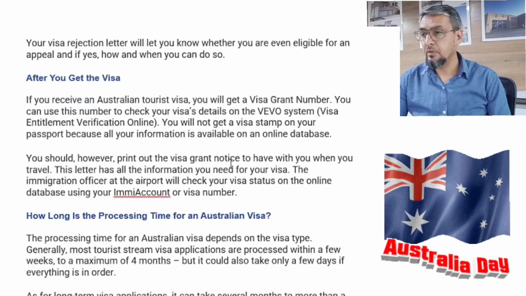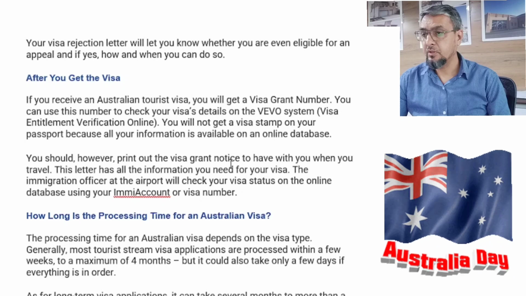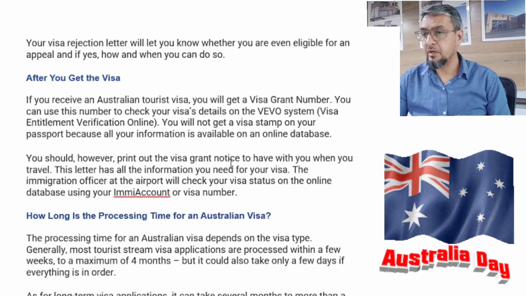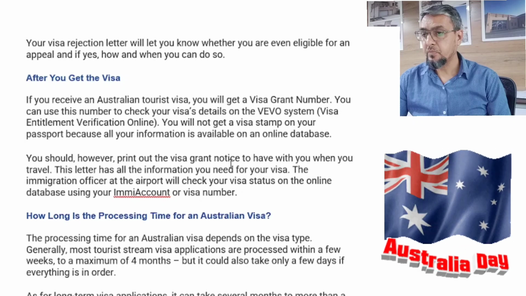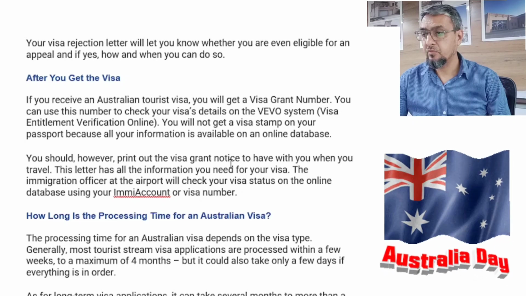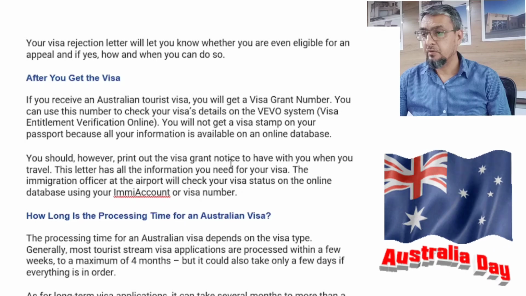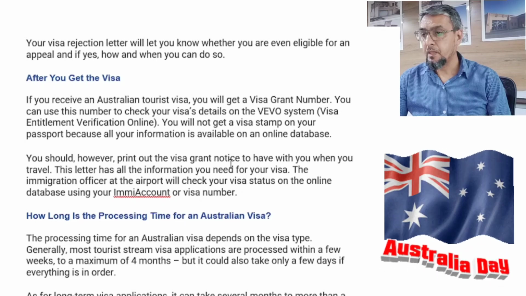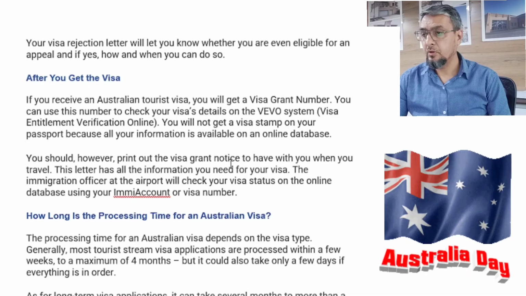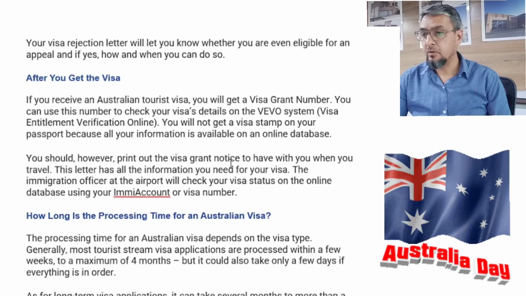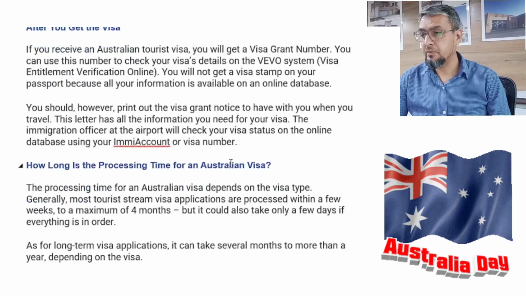After you get the visa, if you receive the Australian tourist visa, you will get a visa grant number. You can use this number to check your visa details on the VEVO system, Visa Entitlement Verification Online. You will not get a visa stamp on your passport because all your information is available on an online database.